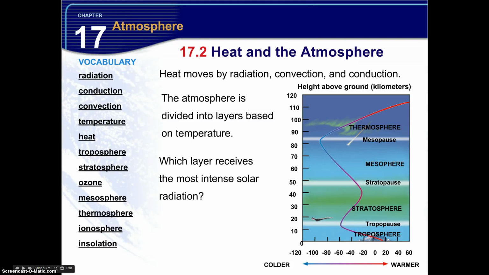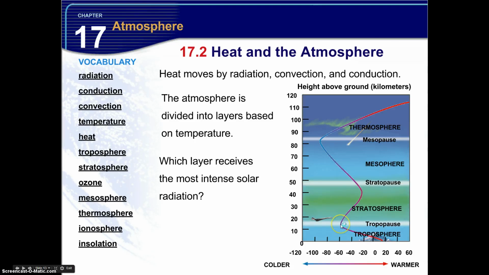So the air at the surface is the warmest, and it generally decreases with altitude or the distance from the surface. Now the rate of cooling with altitude varies from place to place on the planet, but on average the decrease is about 6.5 degrees Celsius for every kilometer gained in altitude.